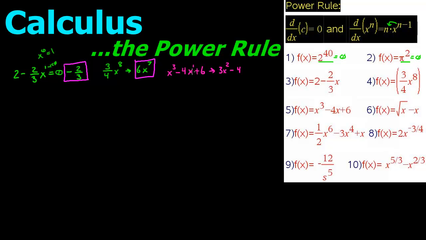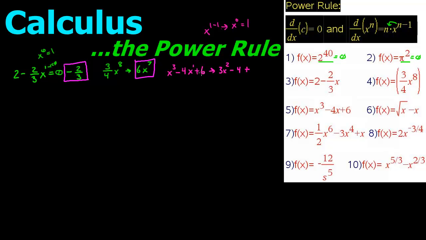And remember, say you've got x to the 1 power. When you drop it down, you're going to subtract it, which will then give you x to the 0 power, which equals 1. So pretty much when you do that, you are eliminating that x. Okay.